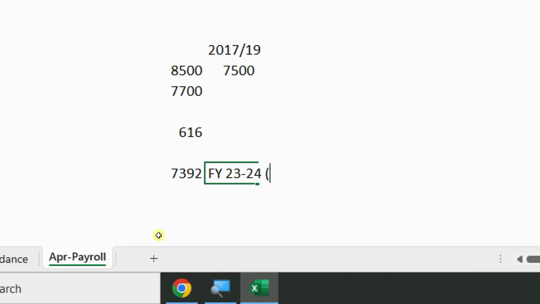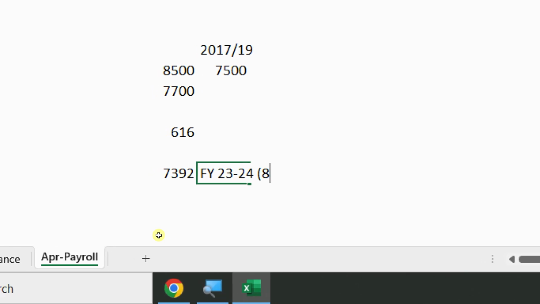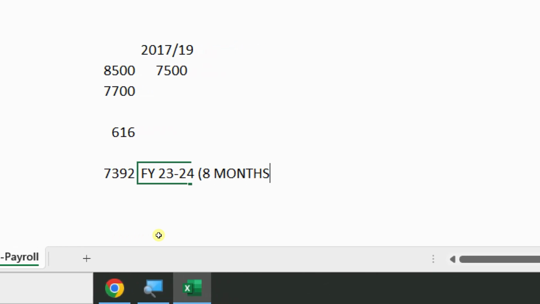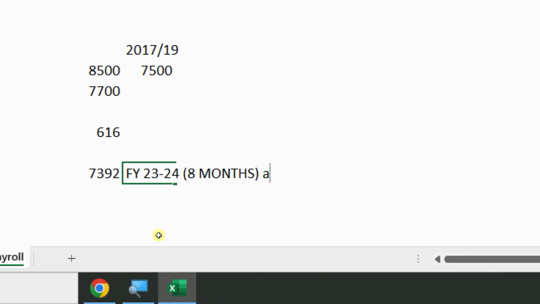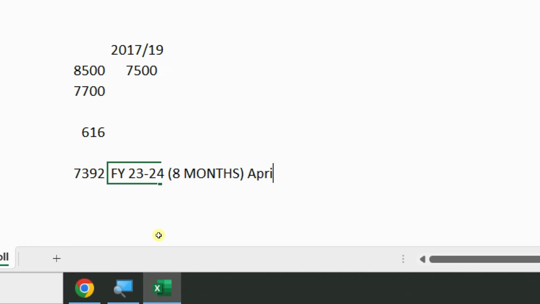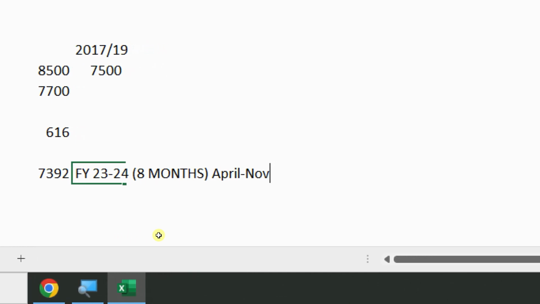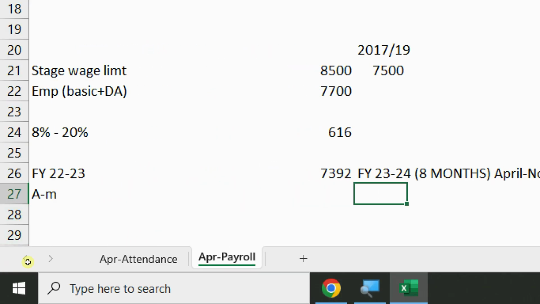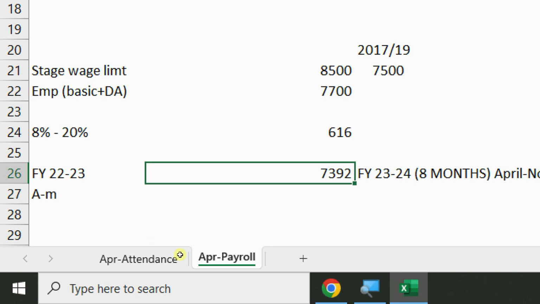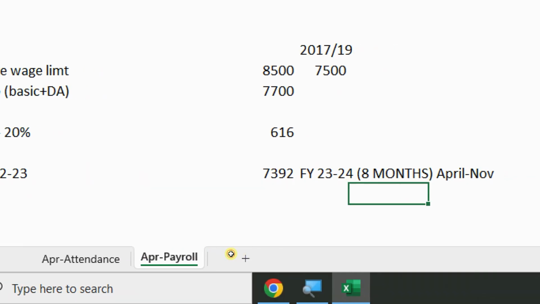Within the first 8 months the amount needs to be paid, which means April, May, June, July, August, September, October, November. Diwali comes between September, October, November.